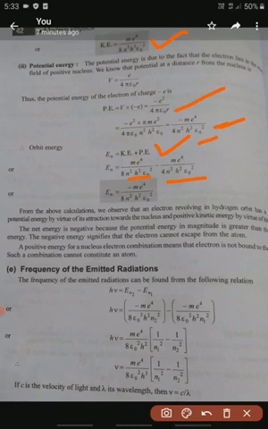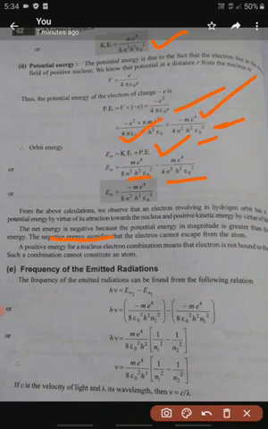The negative sign means that this potential energy develops only due to the attraction between the electron and the nucleus.